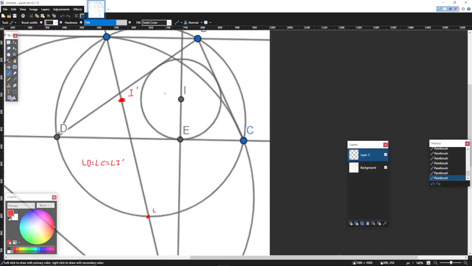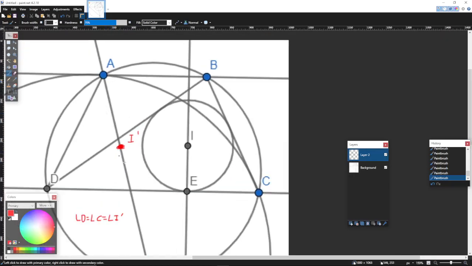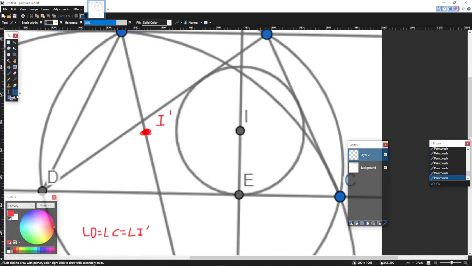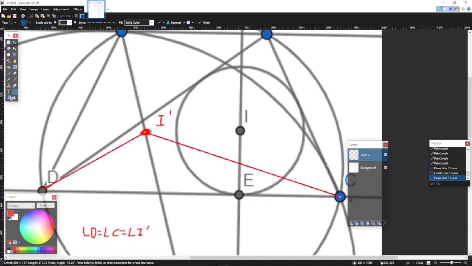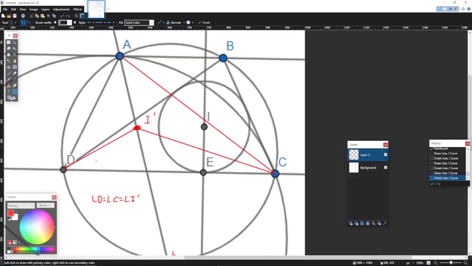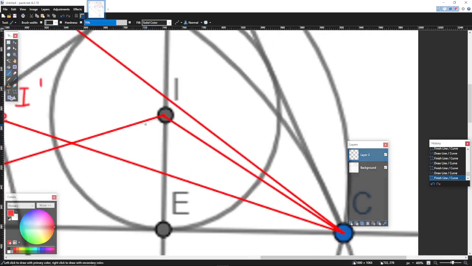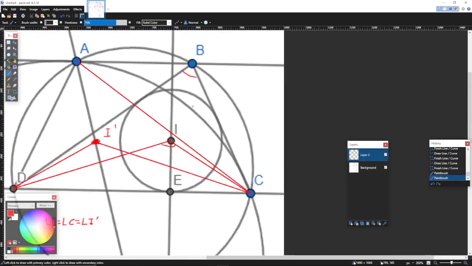Second thing to notice, right, is that the following also holds. Look at angle DI prime C. With some relatively basic angle chasing, you can conclude that it is 90 plus DAC over 2. Likewise, angle DIC, this angle here that I'm highlighting right now, is 90 plus this angle over 2.